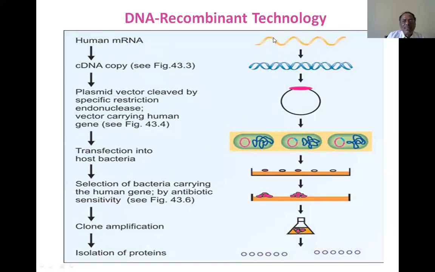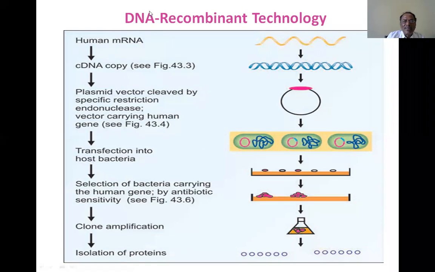And depending on the mRNA, the reverse transcriptase enzymes, we have also learned about it, can produce one strand of DNA. With the help of mRNA, you can get the template strand.